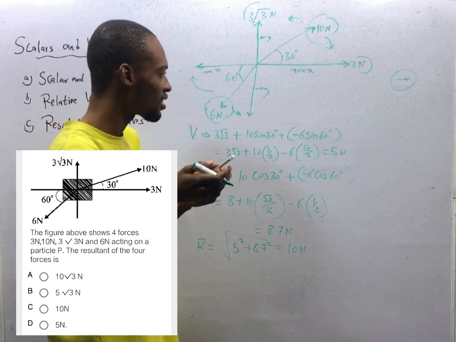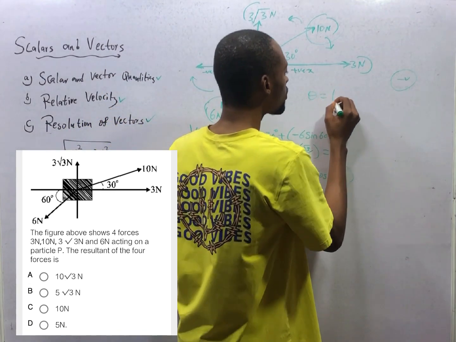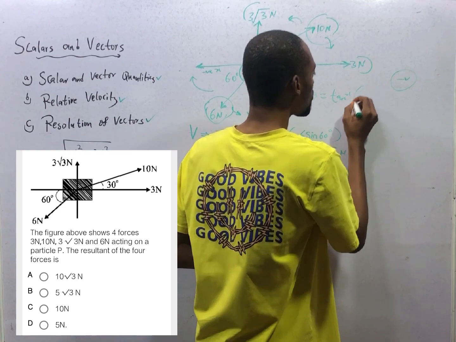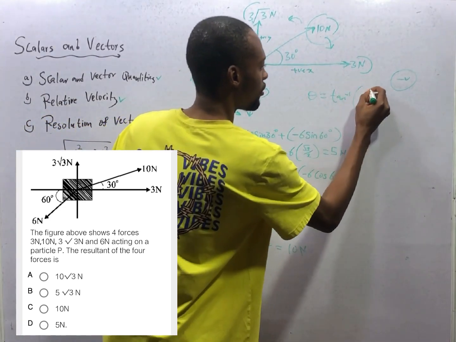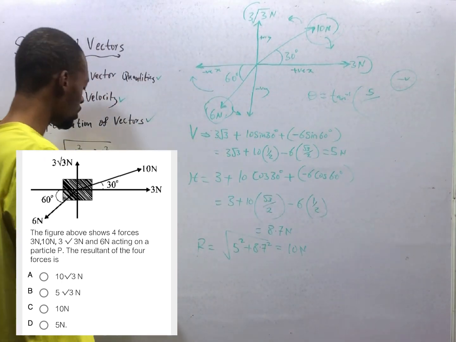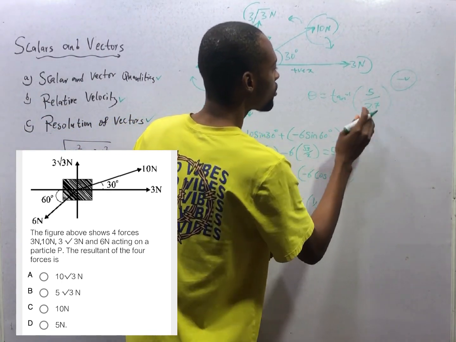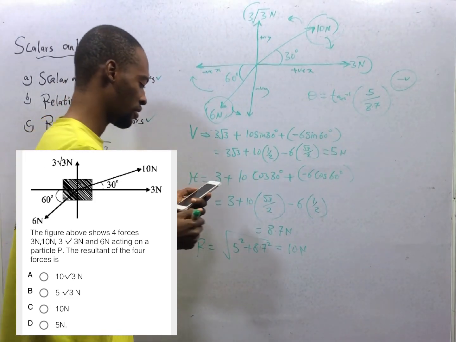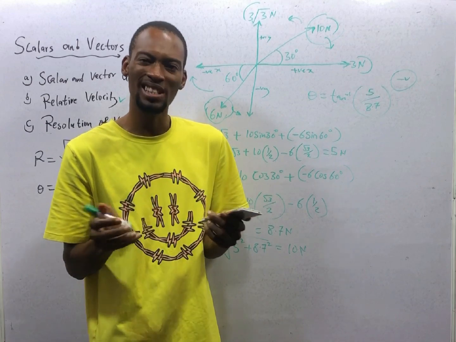What if we were asked for the direction? Direction theta is equals tan inverse of vertical 5 Newton over horizontal 8.7 Newton. So this will give you the direction. Ladies and gentlemen, I hope resolution of vectors makes sense to you.